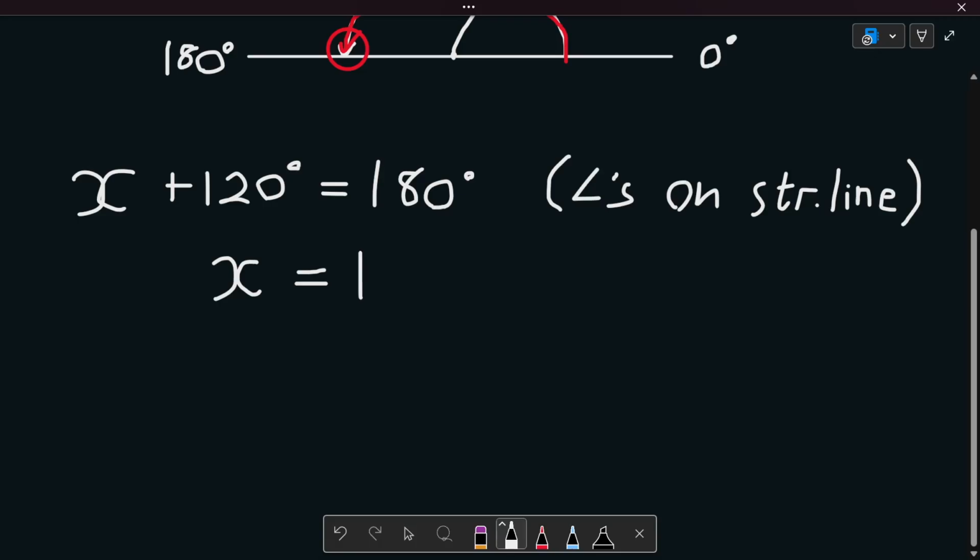So it's going to look like this: 180 degrees minus 120 degrees. Now you can see that we got X on its own. So we can subtract these two numbers on the right hand side and we'll get an answer of 60 degrees. And that is our angle X.